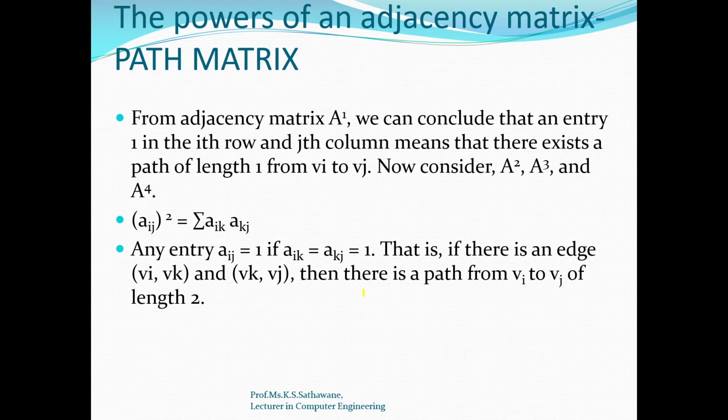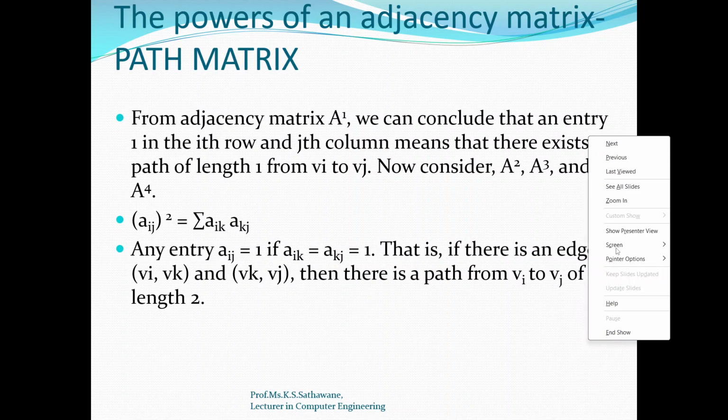So A of ij square is the sum of A of ik into A of kj. Okay. So an entry A of ij is 1 if A of ik equals A of kj equals 1. That is, if there is an edge Vi to Vk and Vk to Vj, then there exists a path from Vi to Vj of length 2.